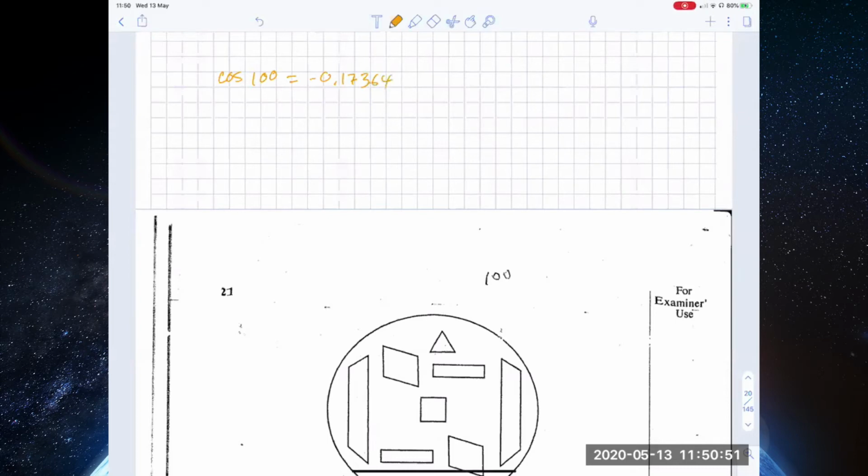Okay. Now, let's do cos 80. 0.17364. What do you notice about these two numbers?